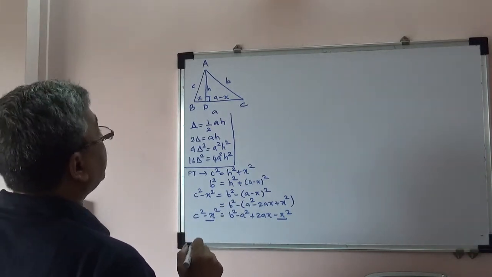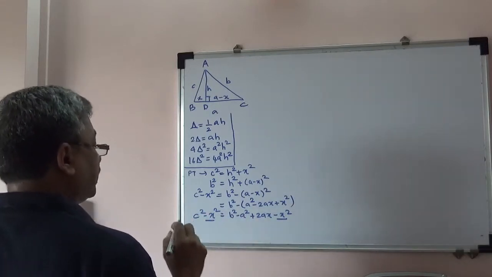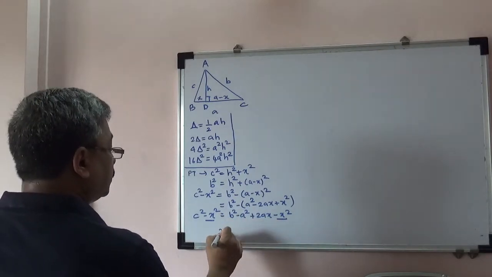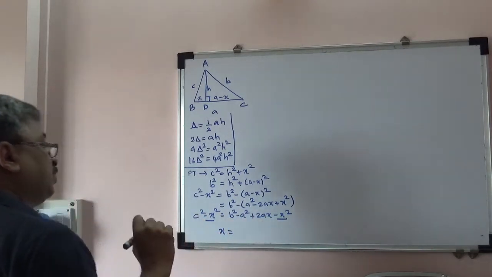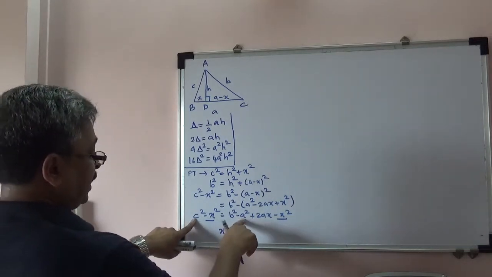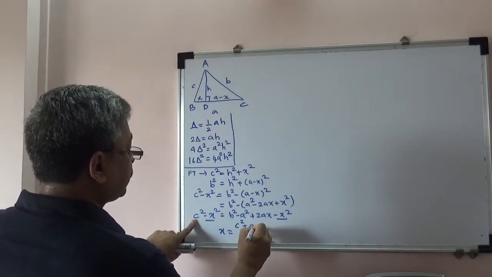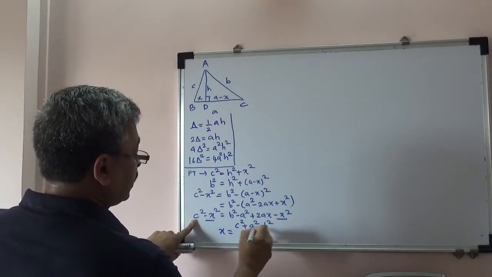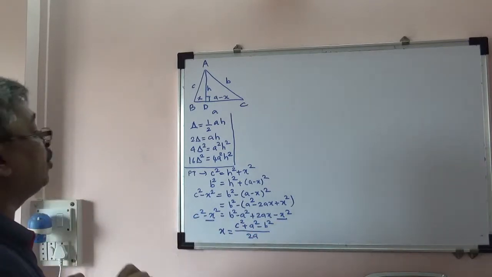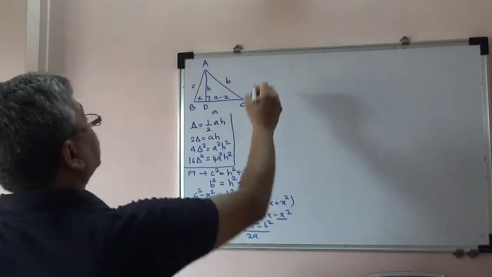and we will be able to write x in terms of a, b, c. Can you see that? So now I want to write x is equal to, so let me jump on to that answer. It will be (c square plus a square minus b square) upon 2a. This is the value of x, and if I have x, I can find h.